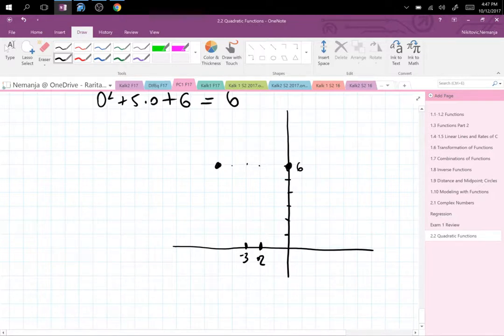What I did is I used the same spacing from here to here. It's 2 units and 2 units. There's the 1 unit which is symmetric in the middle. So I used symmetry to find this point here because I want a better graph. There it is.